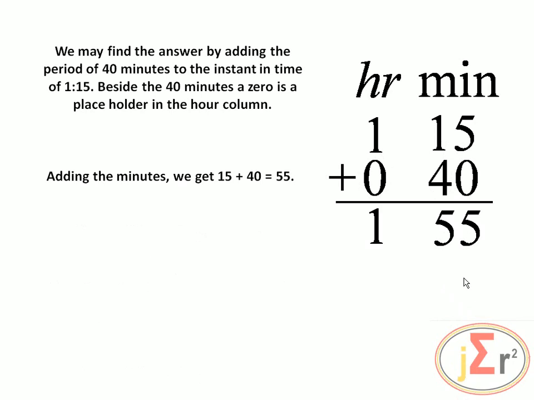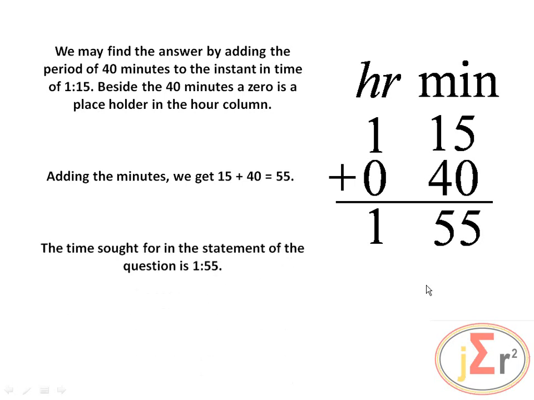And 1 plus 0 is equal to 1. It is as easy as that. We did not have a number greater than 60, so we will not have an additional hour to come from the minute side. The time sought for in the statement of the question is 1:55.